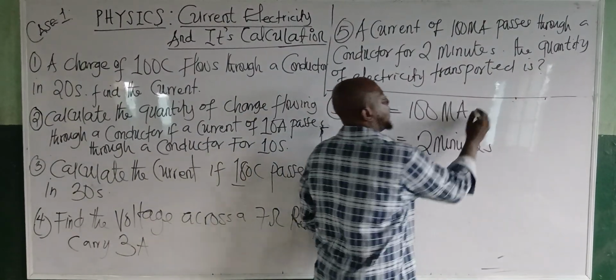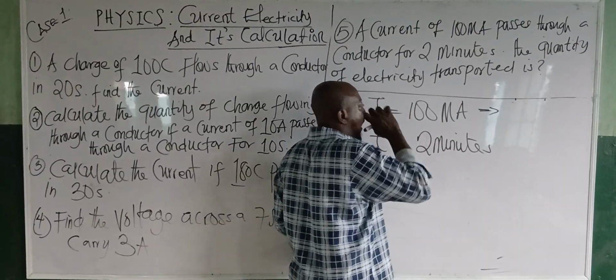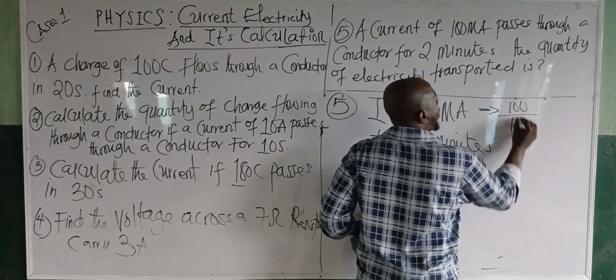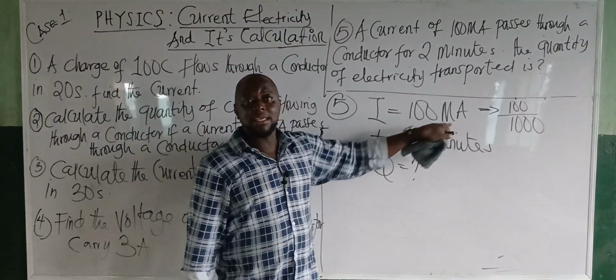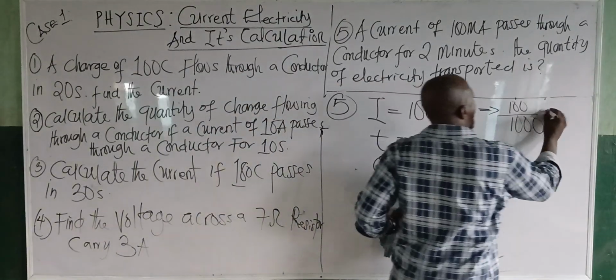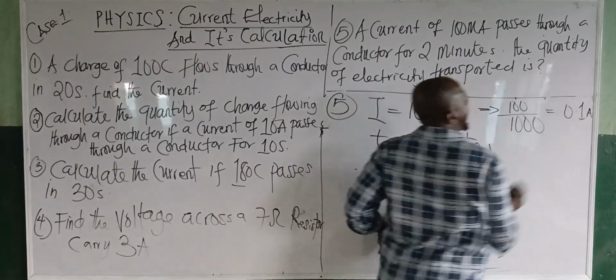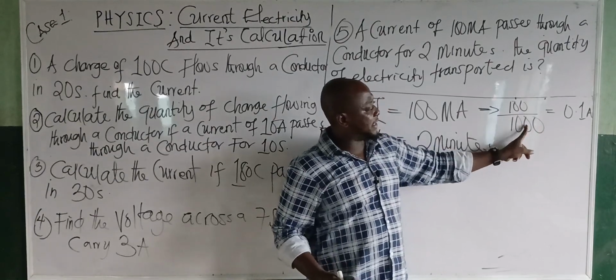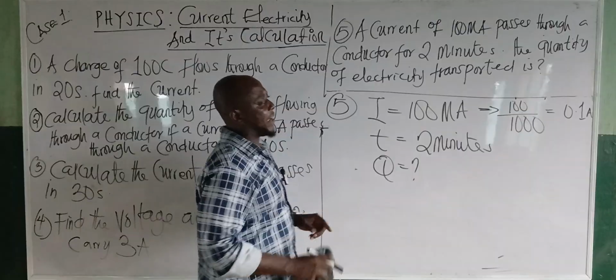To convert from milliampere to ampere, we simply divide 100 by 1000. That's what we do to remove the milli. If you divide that, we are having 0.1 A. So that's my ampere.